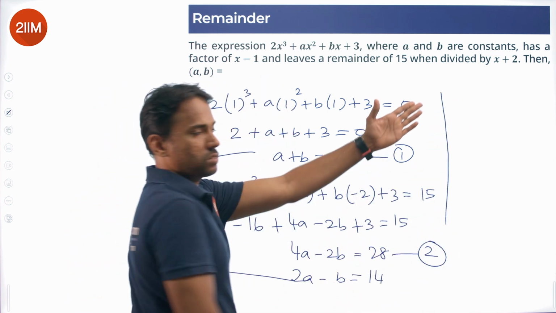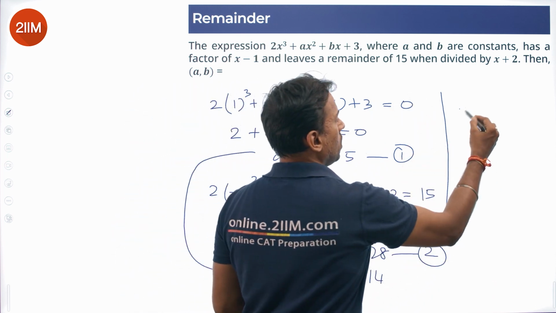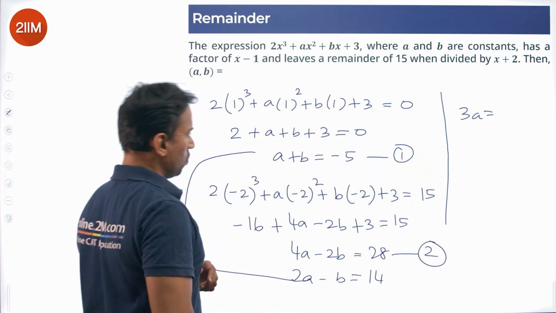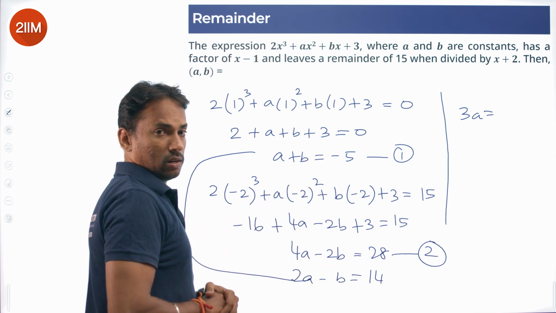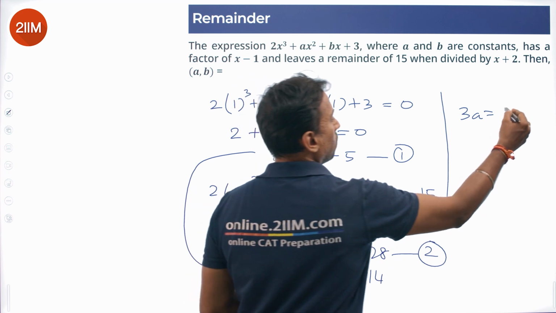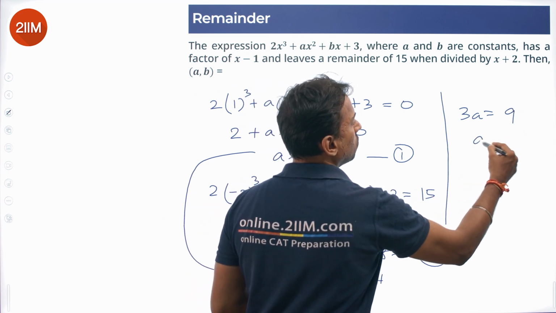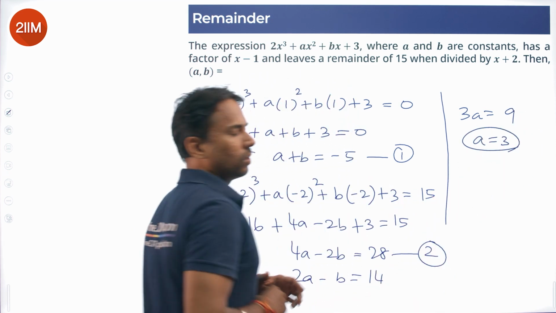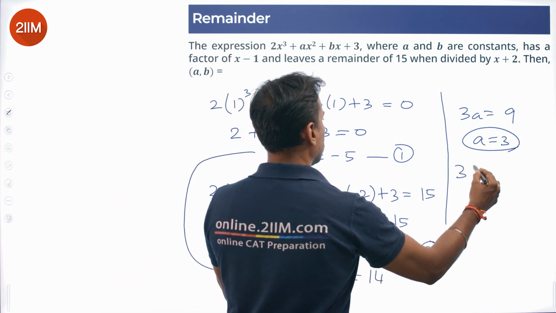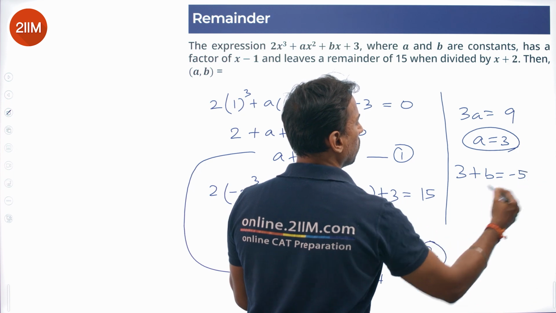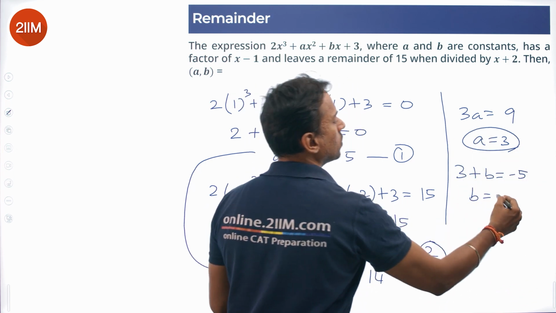3A will be equal to, right hand side will become minus 5 plus 14. Minus 5 plus 14 is plus 9. So 3A is 9, gives you A is 3. A is 3 means we can put it here. So we'll get 3 plus B is equal to minus 5, or B is equal to minus 5 minus 3, which is minus 8.